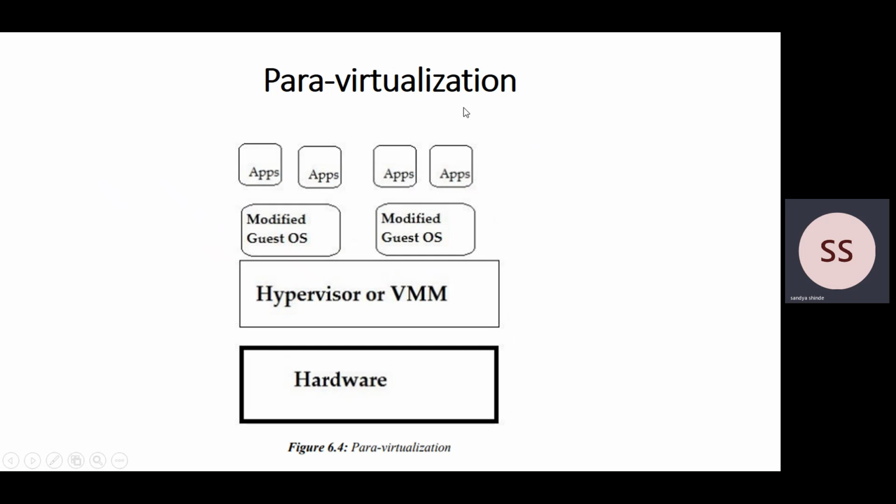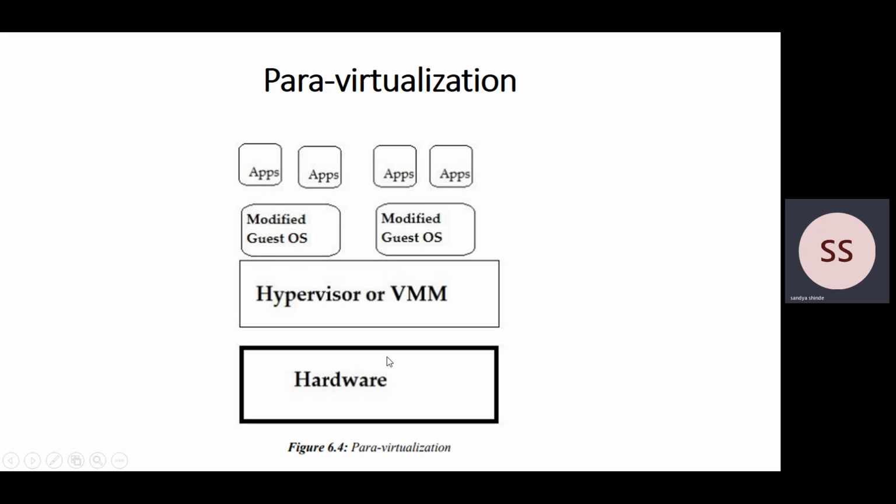The second type is para virtualization. In para virtualization, the simulation of hardware is not done. Rather, a modified and recompiled version of the guest operating system is made to run in the virtual machine. Here, the guest operating system is aware of the fact that it is a guest and can simply issue commands to the host operating system instead of issuing commands directly to the hardware.